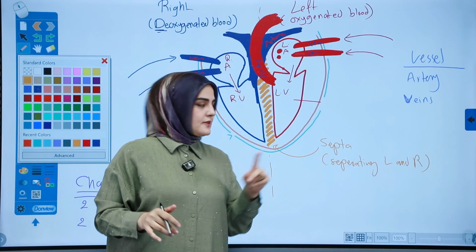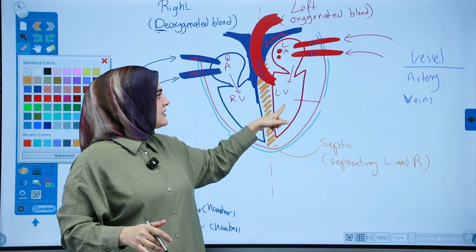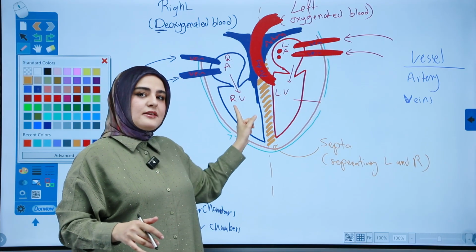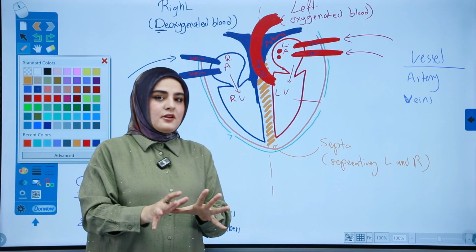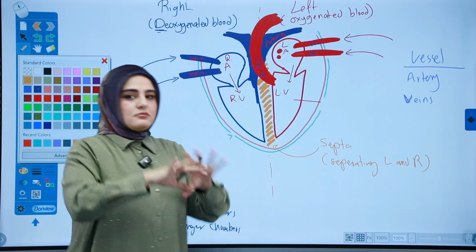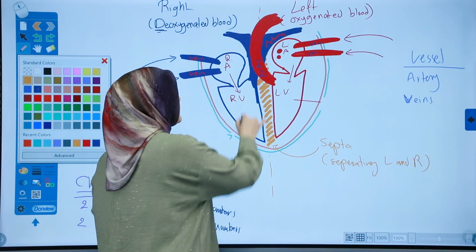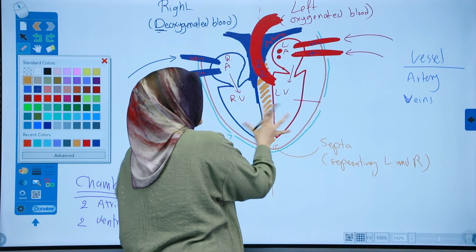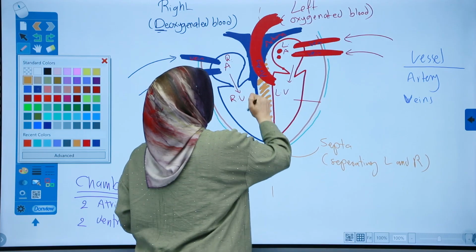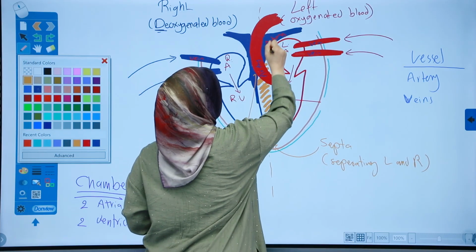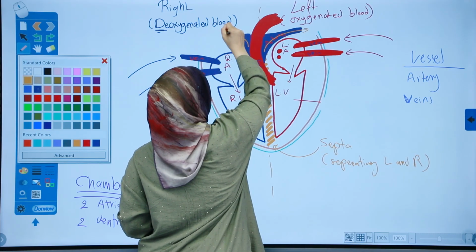We have two places because we have two chambers. One of them sends it to one source and this one sends it to another place. But that's not our goal right now. So check this out. The ventricles receive the blood, then they pump and send it outside of the body.